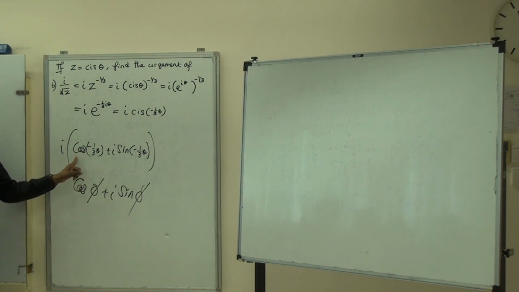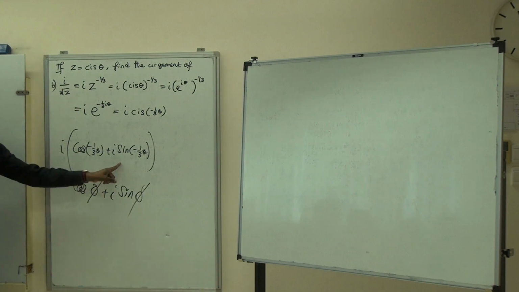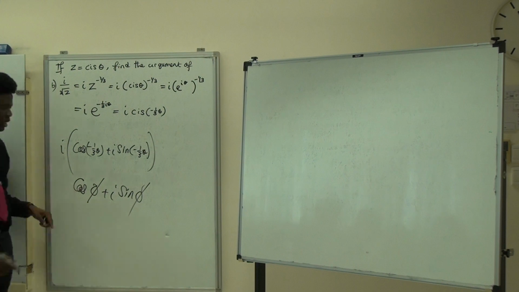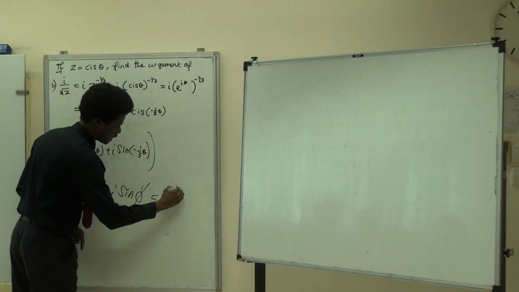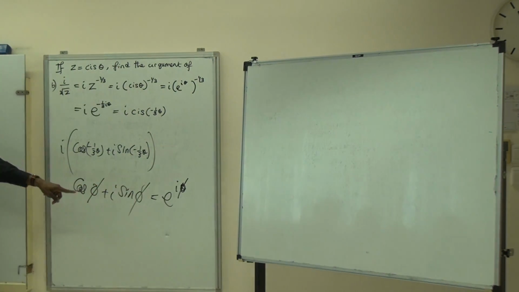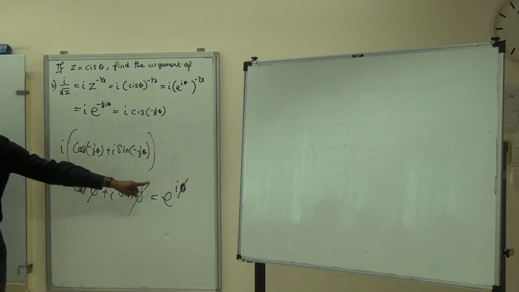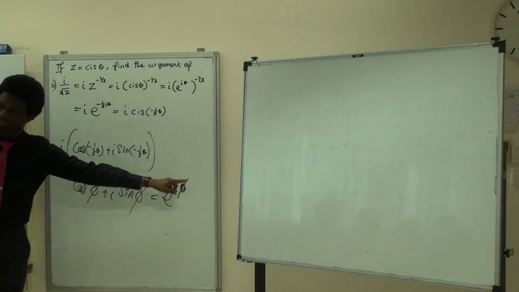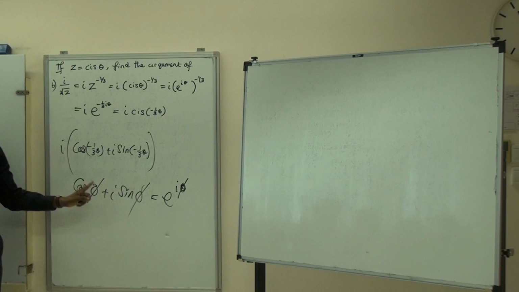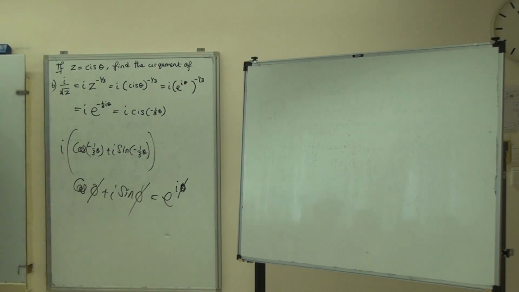But if you open the bracket, the cosine takes the i, sine becomes real. So this is not the approach. You can only take your argument if you have it in this form, or if you have it in this form, exponential i phi, then phi is still your argument. Once your i can stand alone, any other coefficient of i on the exponential becomes your argument. So you need either this format or this format to get your argument.